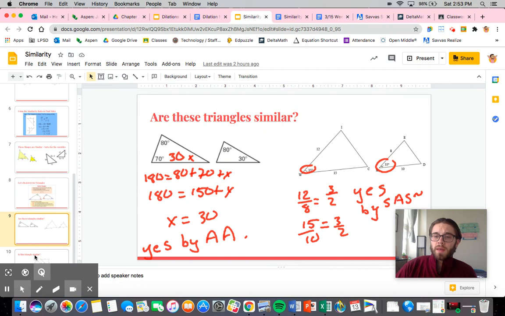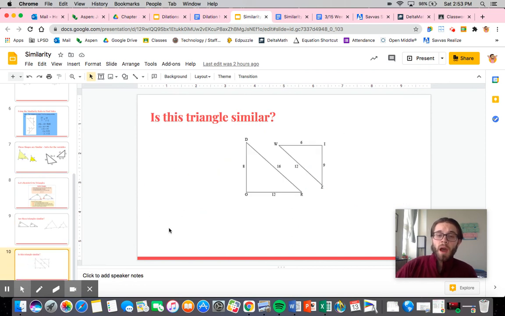All right, last one. Are these triangles similar? Well, we don't have any angles, so we need to show that all three are in the same ratio. So let's make sure, first of all, we know what is happening here. The 16 relates to the 12. It appears to me that the 8 is relating to the 9, and the 12 is relating to the 6. So let's figure this out.